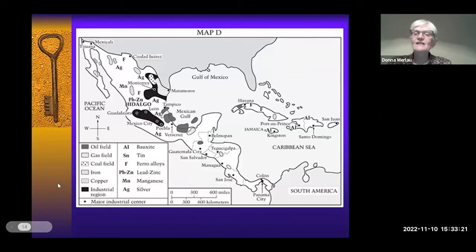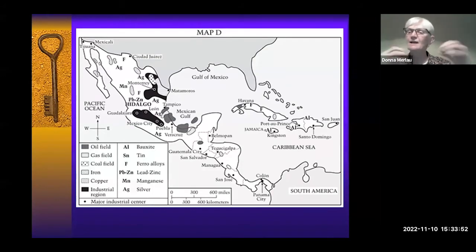So if I'm looking at this map and I'm looking at patterns, is there any connection between an industrial region, a major industrial center, and resources? Can you see any connections there between those three things? Major industrial center, industrial region, resources.